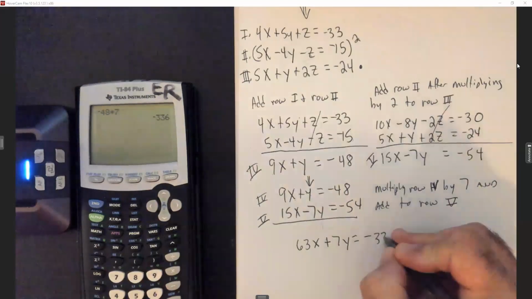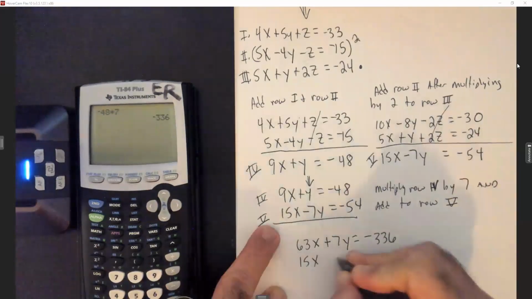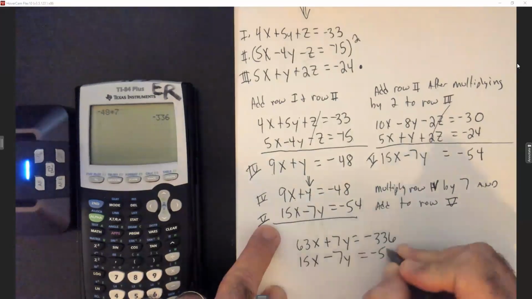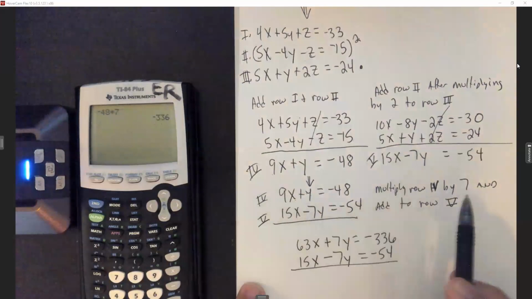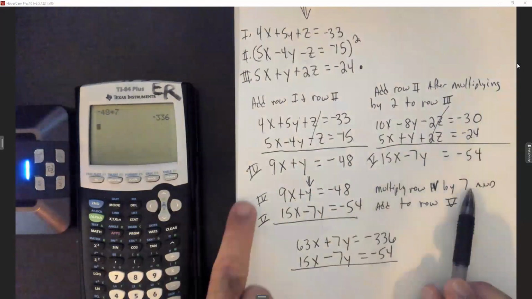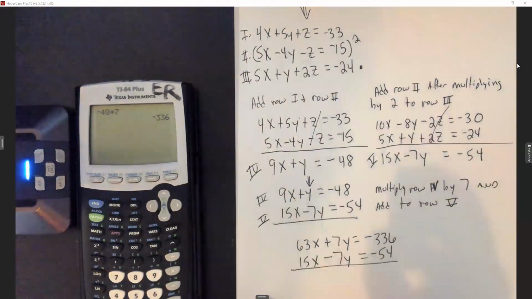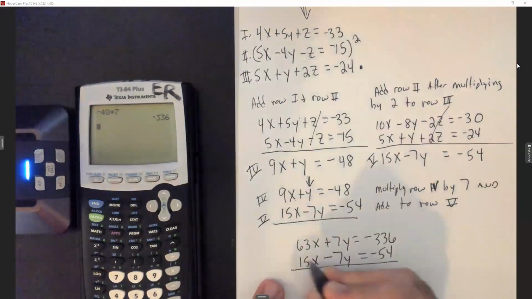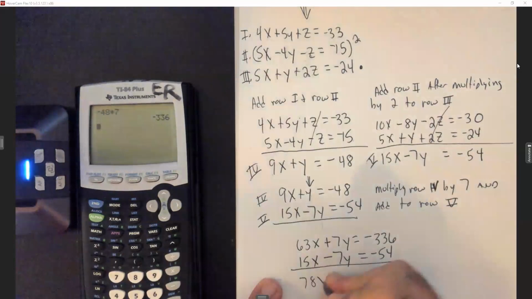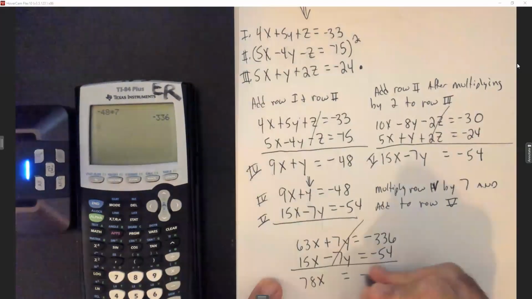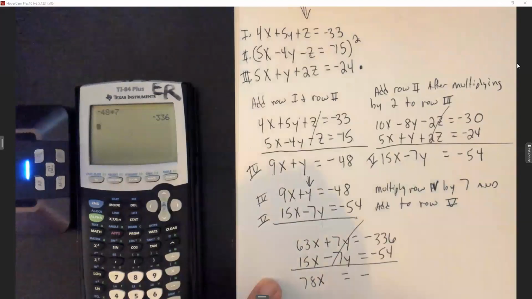Then bring down your 15x minus 7y equals negative 54. So doing what we said over here, multiply row 4 by 7. Once you do that, add to row 5. Watch what we get. That's 78 x's. The y's cancel. And then negative 336 minus 54 is a negative 390.